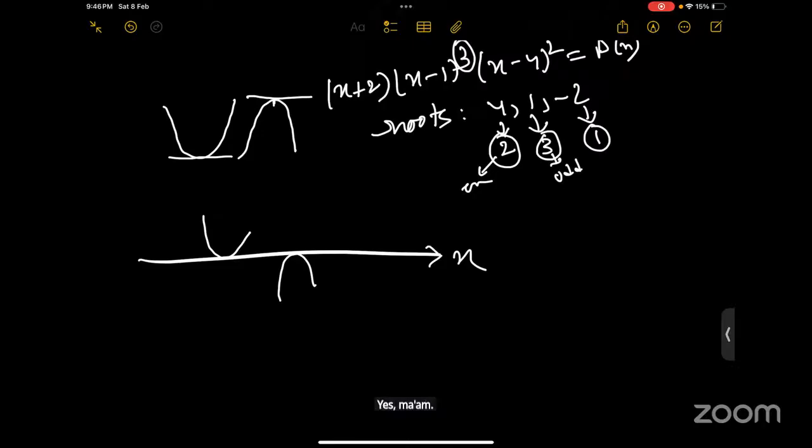And if it is odd, then again the same, that's the x-axis.